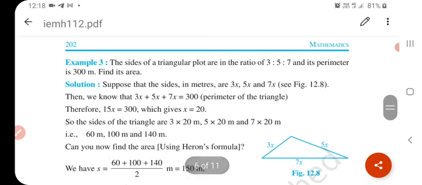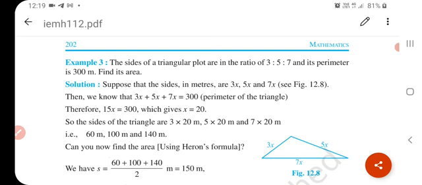The sides of a triangular plot are in the ratio. If the ratio is given, it is very easy to find the sides. Okay, suppose the sides in meter are 3x, 5x and 7x. Then we know that 3x plus 7x plus 5x is equal to 300 meter because the perimeter is given.